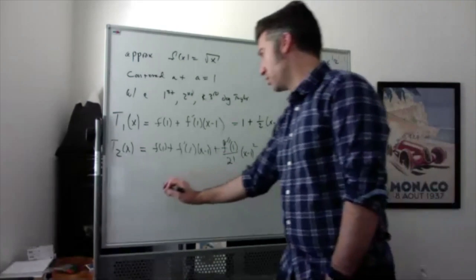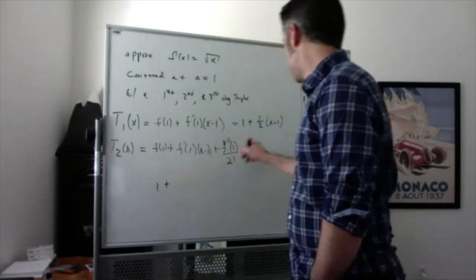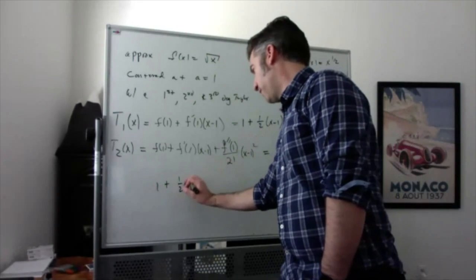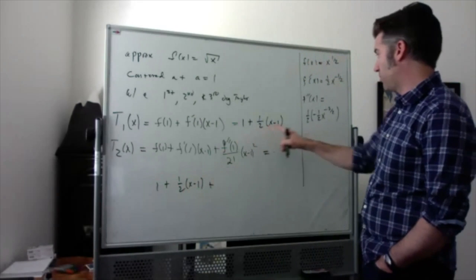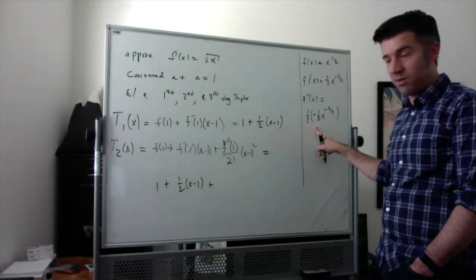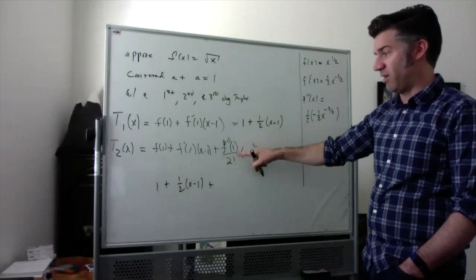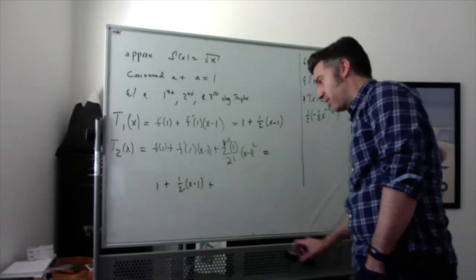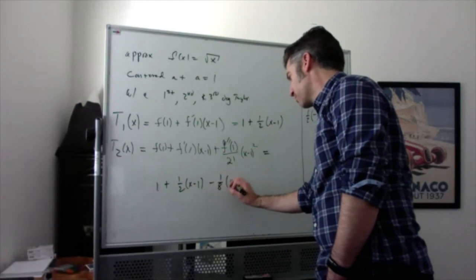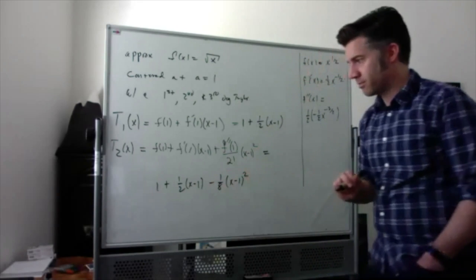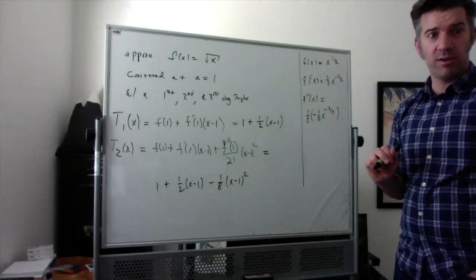This is going to be 1 plus 1/2 times x minus 1 plus f double prime, which we just said was negative 1/4. So it's going to be negative 1/4 divided by 2, which is negative 1/8. That's our second degree Taylor polynomial.